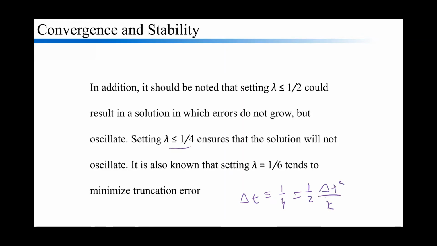So really, we want much smaller time steps. This will ensure that we won't oscillate. And we really want to go even smaller, to say lambda is 1/6, to try to minimize truncation error. So in summary, talking about convergence and stability, we want to make sure that our time step, every step that we're moving forward, is very small in relationship to my x, my boundary value problems.